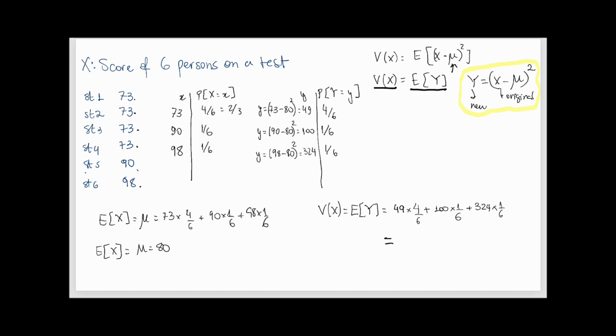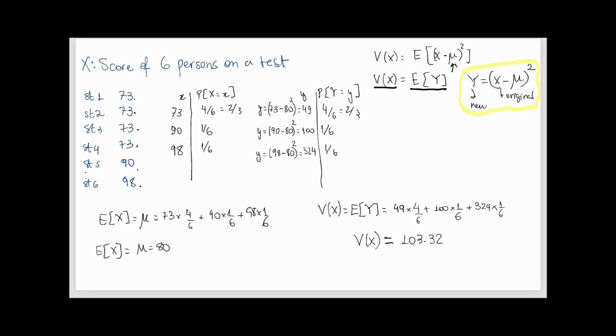It's equal to 2/3, but just to ease the calculation, this will be equal to, let me do it here, 103 times 32. So that's the variance of x.